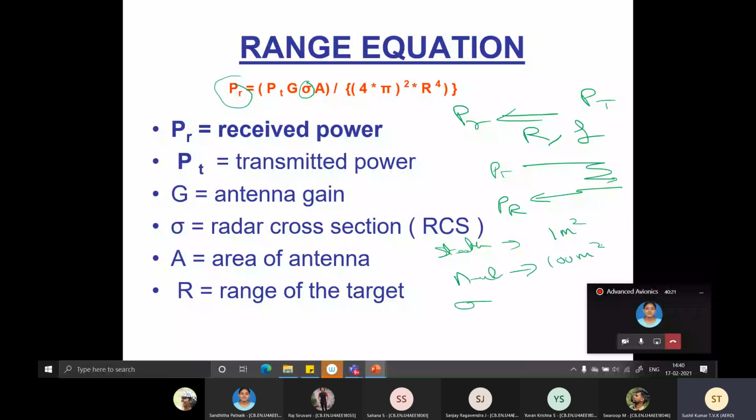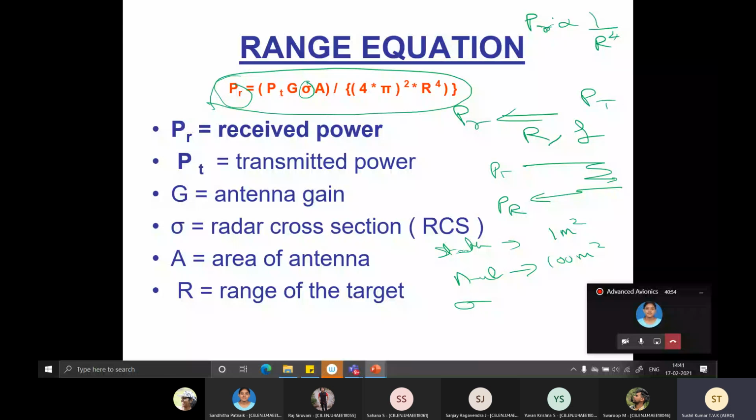It's just an area which is reflecting the power which strikes it. Try to derive this equation. The most important thing is that the received power is inversely proportional to R to the power 4. That's very interesting.